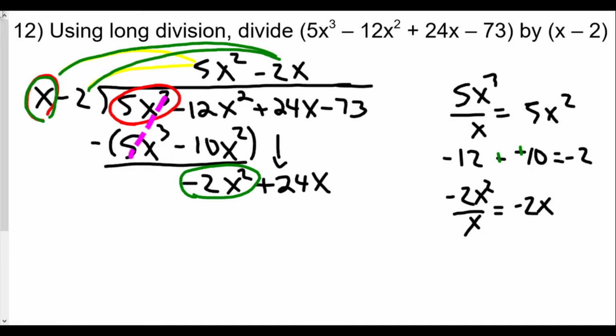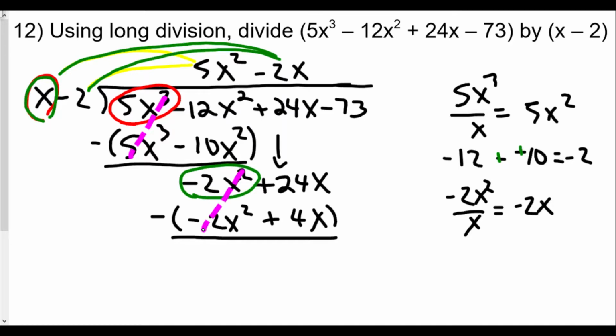So now we have negative 2x times x is negative 2x squared. Negative 2x times negative 2 is positive 4x. And we're subtracting. Again, the negative 2x squared cancel out. And 24 minus 4 is equal to 20x.